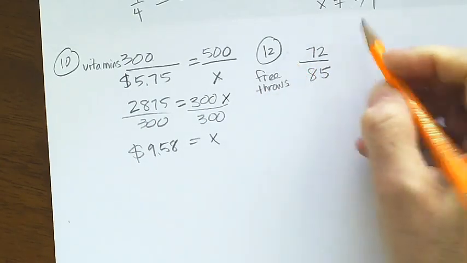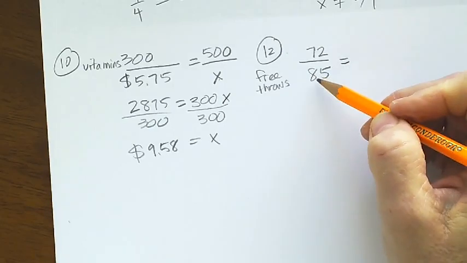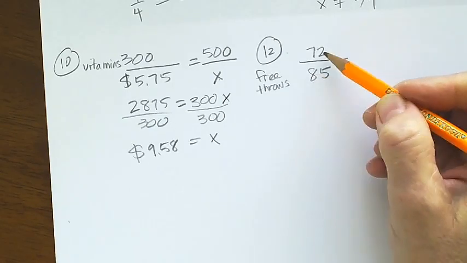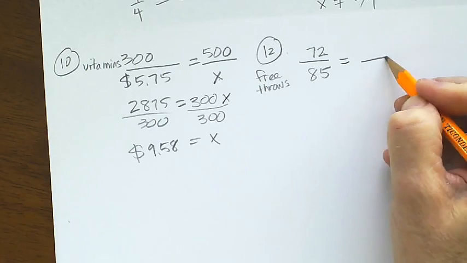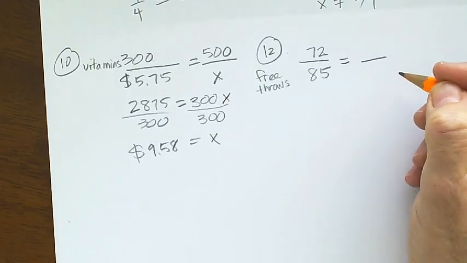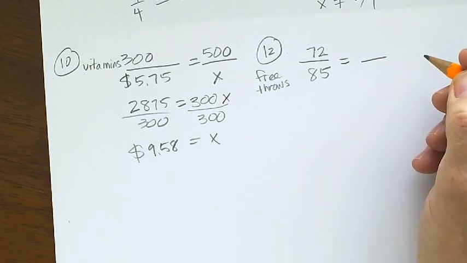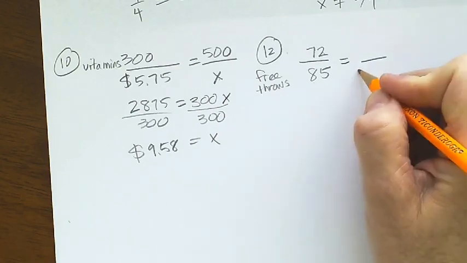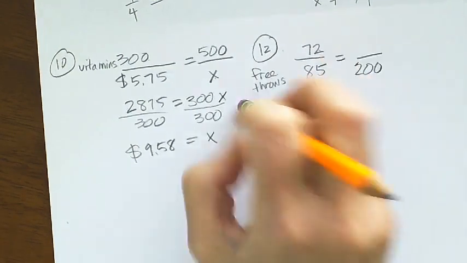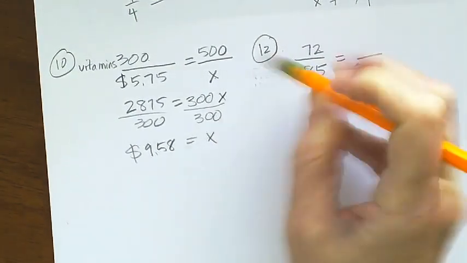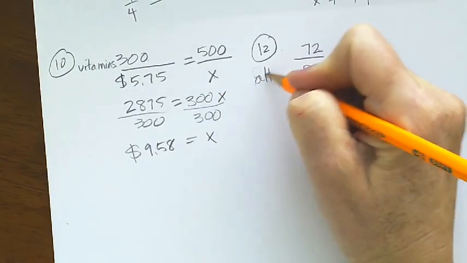Okay, so these are the attempted free throws, and that's how many she made. And then it says, how many free throws could she expect to make in 200 attempts? So maybe I should put free throws on the top and attempts on the bottom.